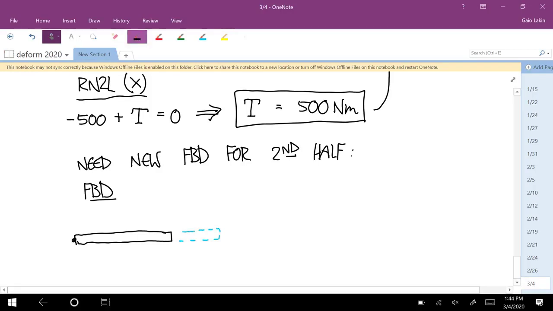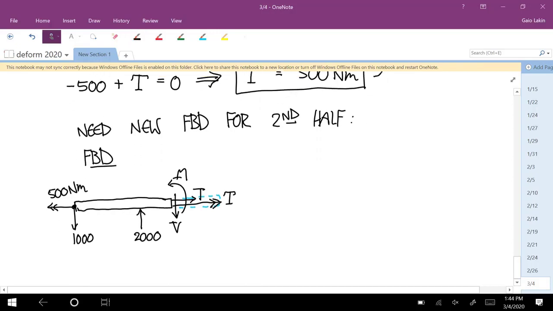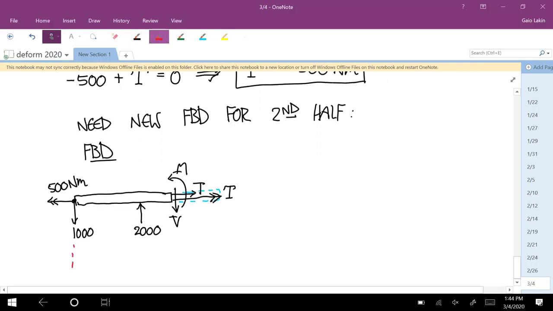So this time the external loads we have are the 1,000 down, the 500 to the left, that's the torque, the roller at the midpoint, and that has a value of 2,000, and then the internal loads, T, V, M, and fancy T. And now we're going to call this whole distance X.